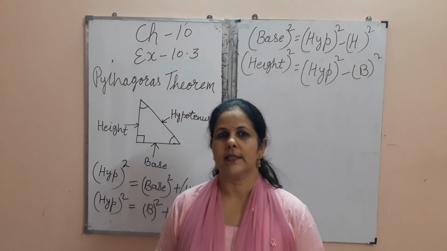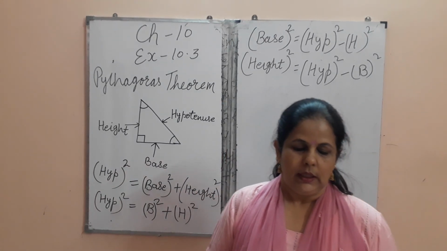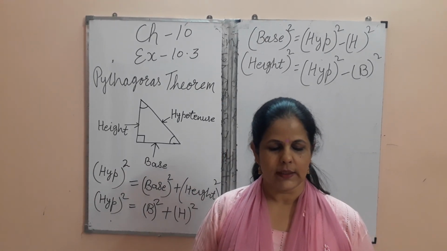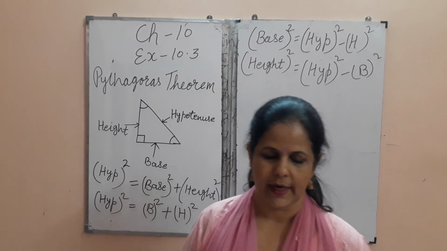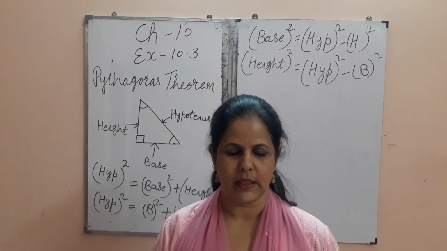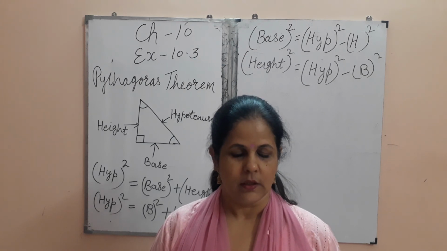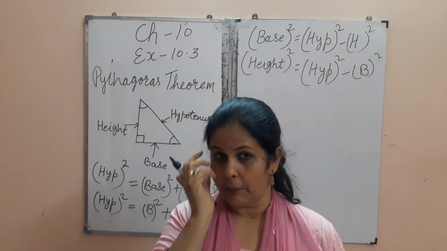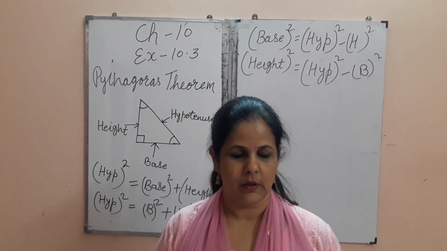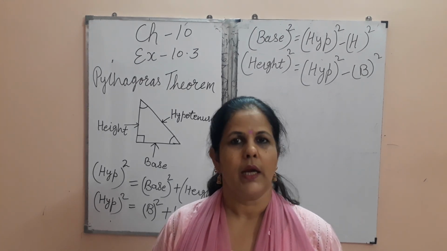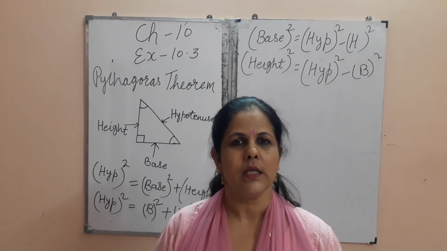Now come to exercise number 10.3. First question is, find out whether the given measurements can be the lengths of the sides of a right angled triangle or not. So in this you will apply Pythagoras theorem. The longest, the maximum number will be the hypotenuse, and the other two numbers will be the base and height.